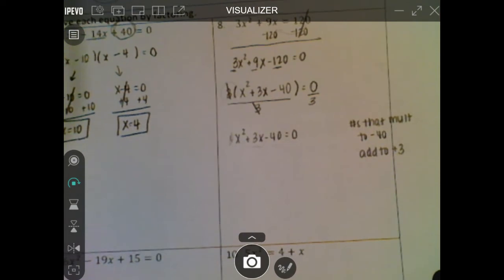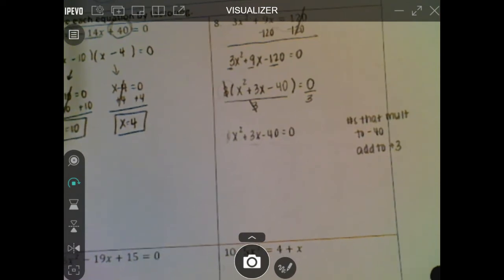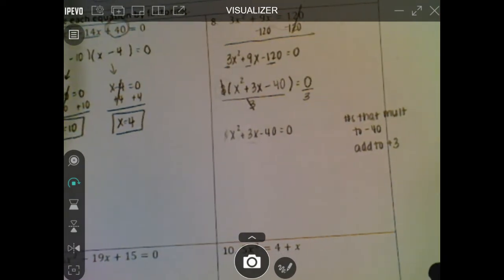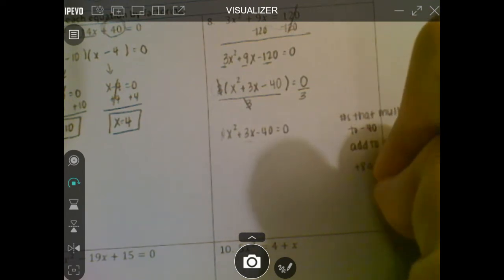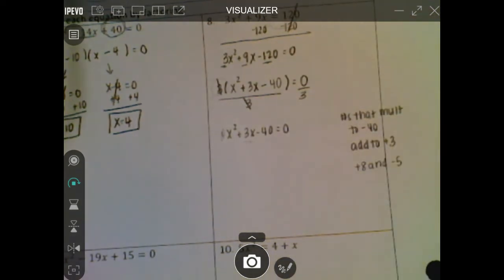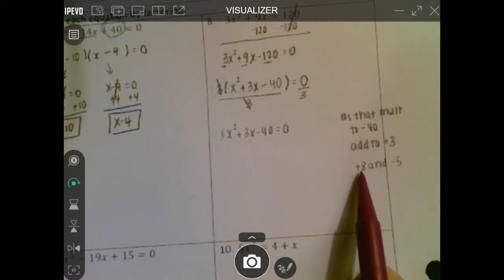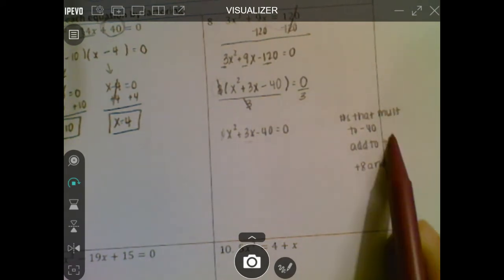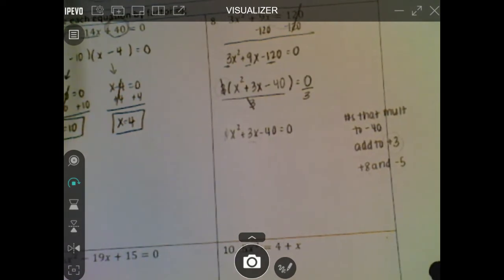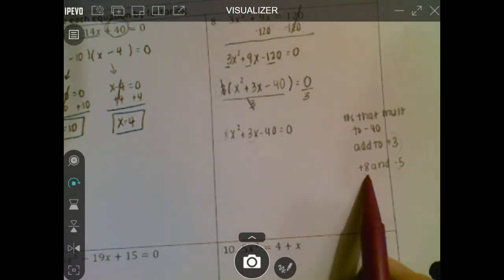I think it is a positive 8 and a negative 5. Because positive 8 times negative 5 gives us negative 40, but positive 8 plus negative 5 gives me a positive 3.